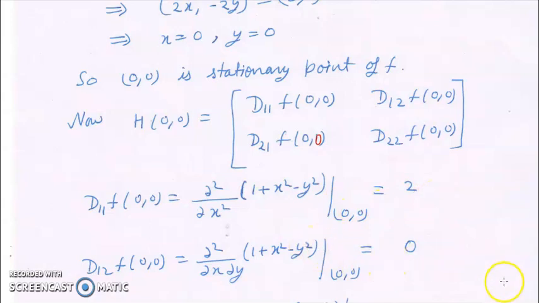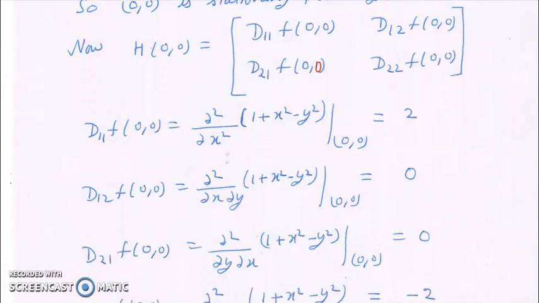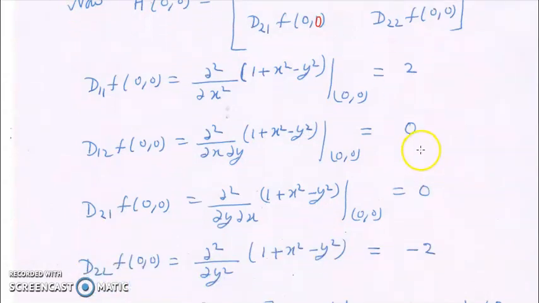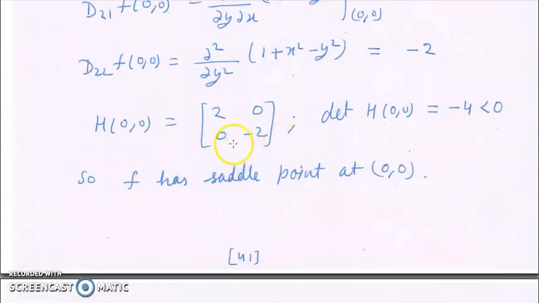Similarly d12 f 0 0, that is del 2 del x del y, turns out to be 0, d21 f 0 0 is 0, and d22 f 0 0 is minus 2. So the matrix is 2 0 0 minus 2. The determinant of this matrix is minus 4. So by our test, f has a saddle point at the point 0 0.